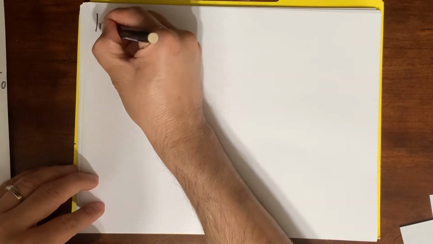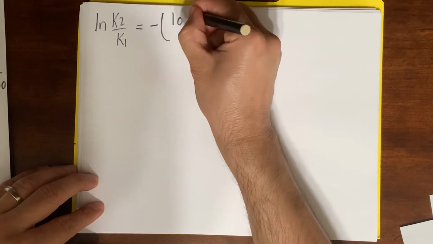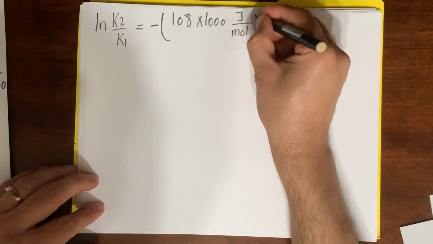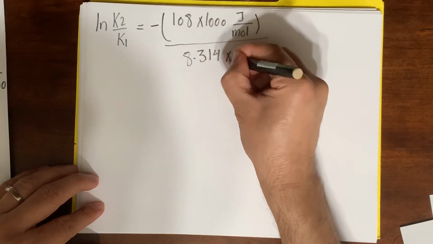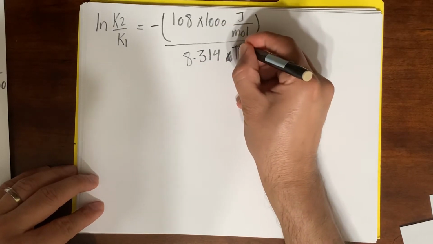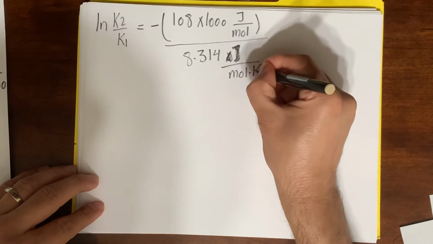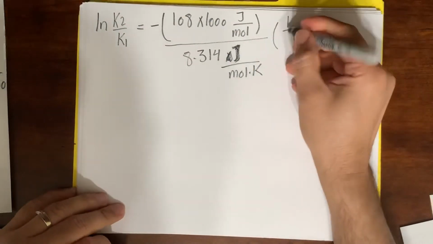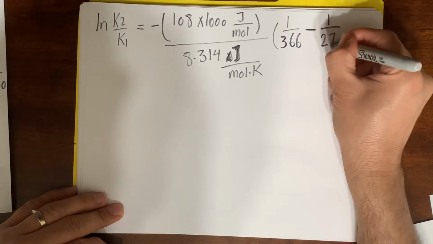Okay, so I go with ln of K2 divided by K1, and it's going to be minus EA, activation energy 108 multiplied by 1000, unit joules per mole, divided by R, which is 8.314, unit joules per mole Kelvin, multiplied by 1 over T2, which is 366, minus 1 over T1, which is 275.